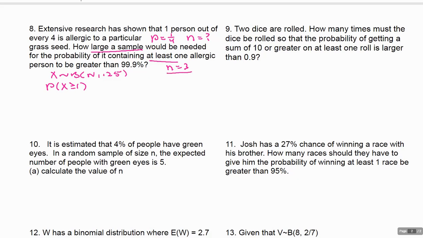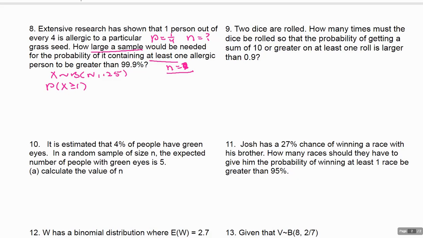If I knew the number of trials was 3, and I knew the probability of success was 0.25, and I wanted to find this probability, what would I do? You use the formula and find the probability of getting 1, 2, and 3. Exactly. Okay? Now, the problem in this case is I don't know how many trials there are. So I can't go up and build all those.